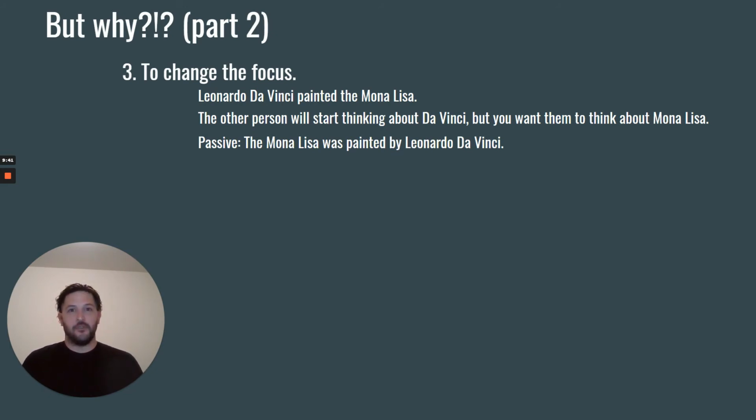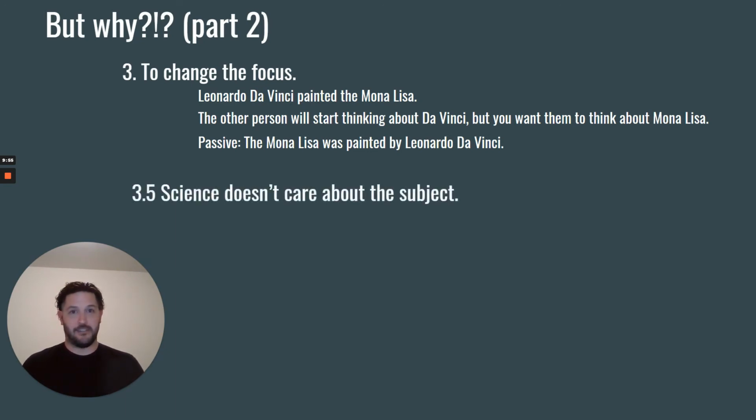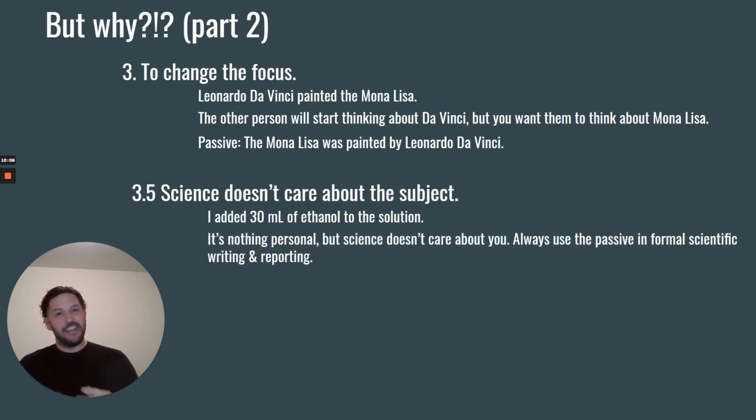So I said 3.5 reasons, and the half reason is if you are a science student, or if you are a science professional. Science doesn't care about the subject. So here's an example: I added 30 milliliters of ethanol to the solution. Now it's nothing personal. I'm not trying to be mean.